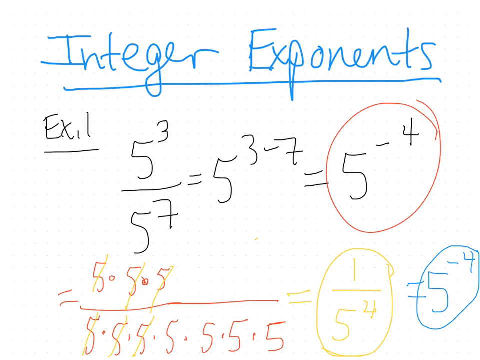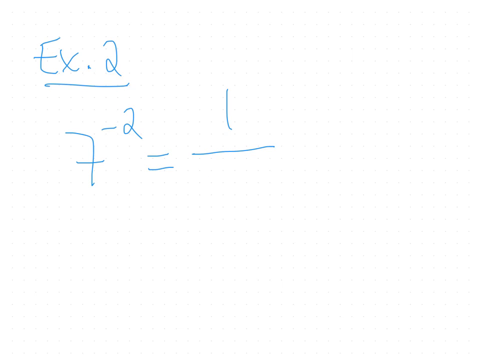So to add to that now, let's do a second example. 7 to the negative 2. Well, how can we write this as a positive exponent? Well, it's going to be 1 over 7. And now we take that negative 2, which was in the numerator, it's a negative 2 because it doesn't exist in the numerator. And we write it as a positive 2 because that's where those 2 factors of 7 exist, in the denominator.